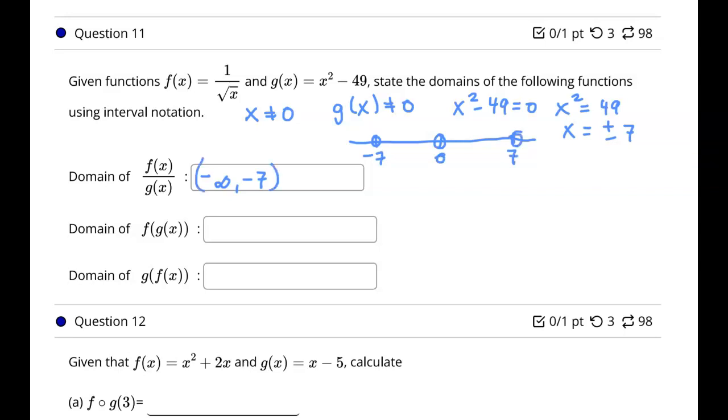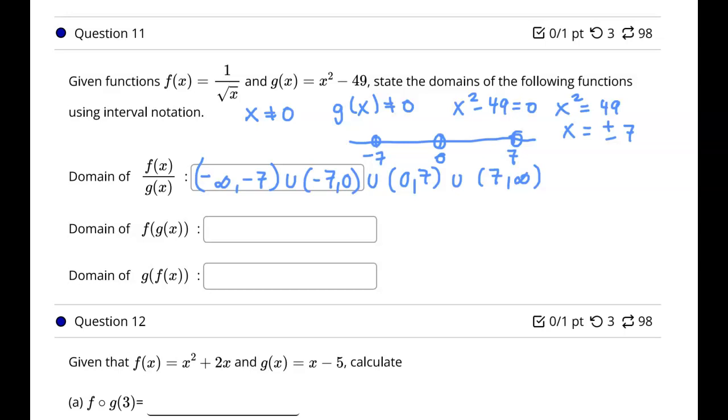So we have this together: the union from negative 7 to 0, or again, the union symbol, from 0 to 7. And then lastly, we can go from 7 to infinity. So that takes out negative 7 over here, this takes out 0, and this takes out 7.